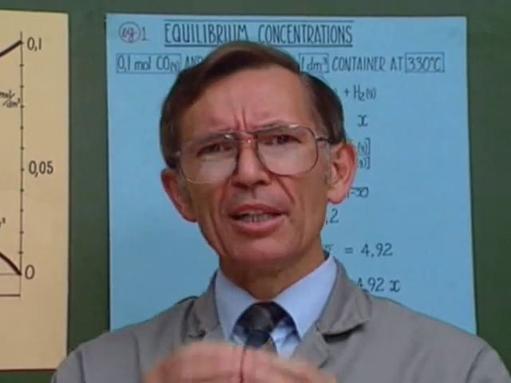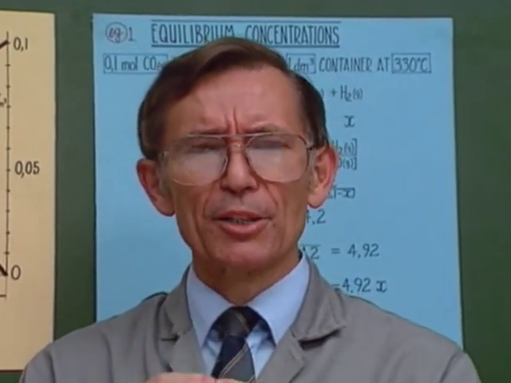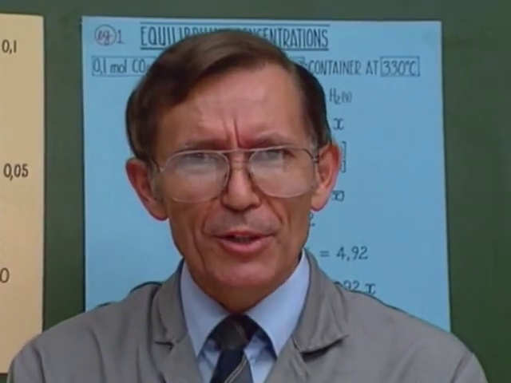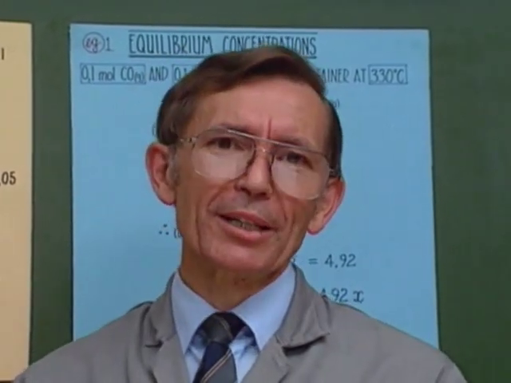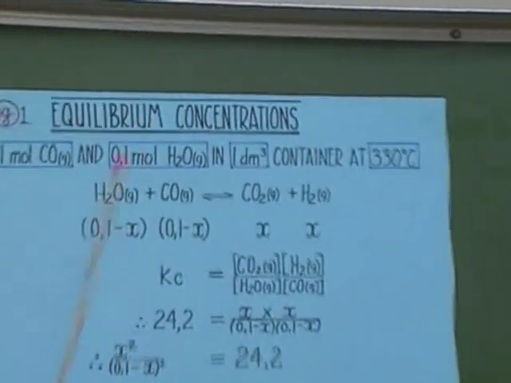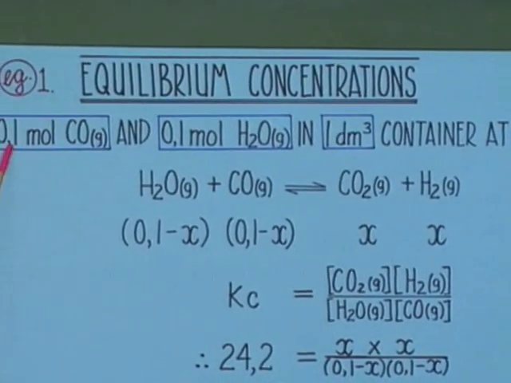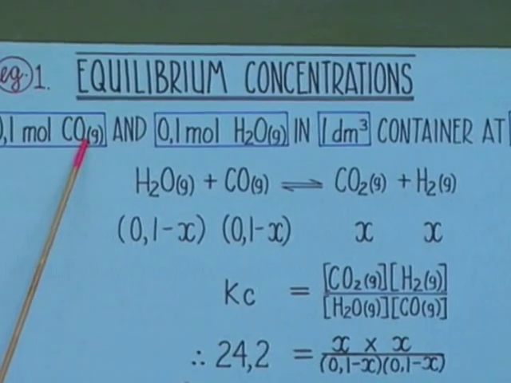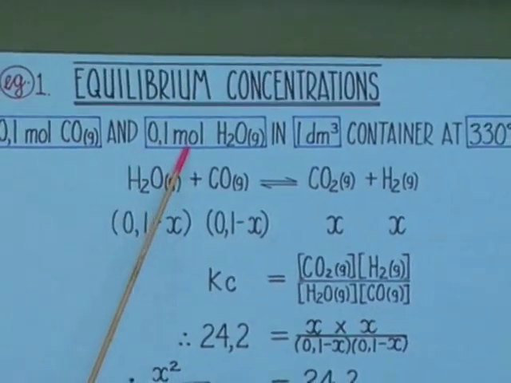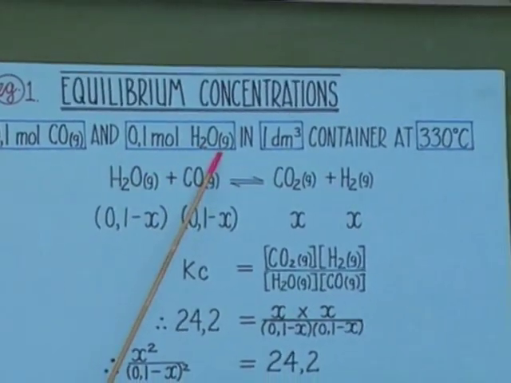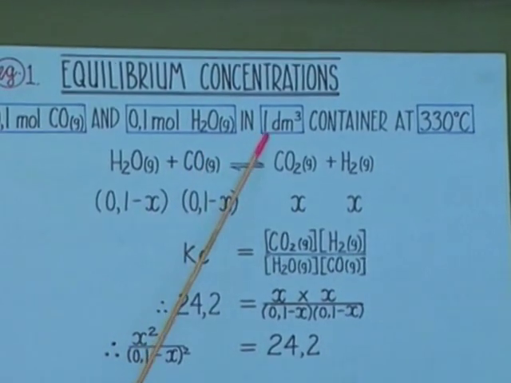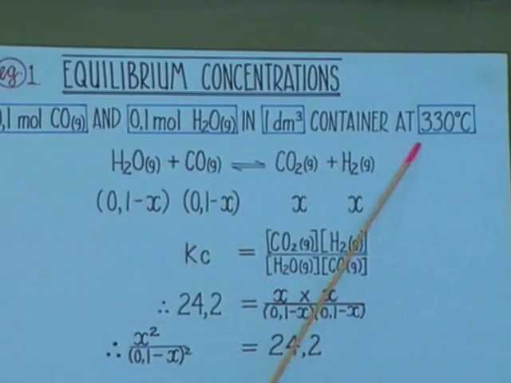Let us see how the equilibrium constant Kc is applied to calculate equilibrium concentrations of a reaction by looking at the water-gas shift reaction used by Sasol. Say we place 0.1 mole of carbon monoxide gas and 0.1 mole of water in the gaseous phase and nothing else in a 1 cubic decimeter container at 330 degrees Celsius.